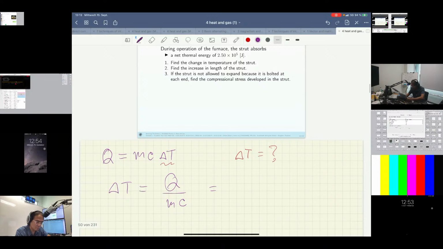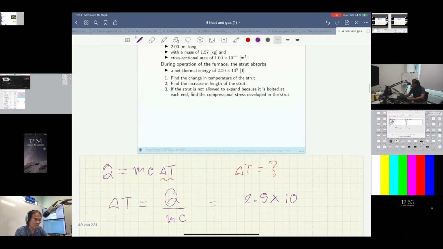It's quite large, because it's the heat for a metal bar.